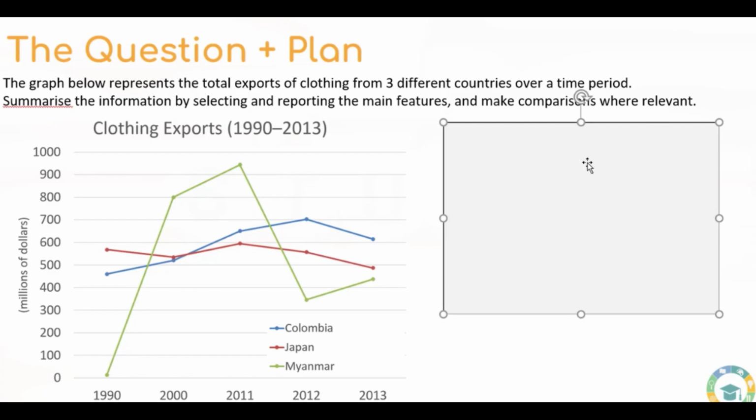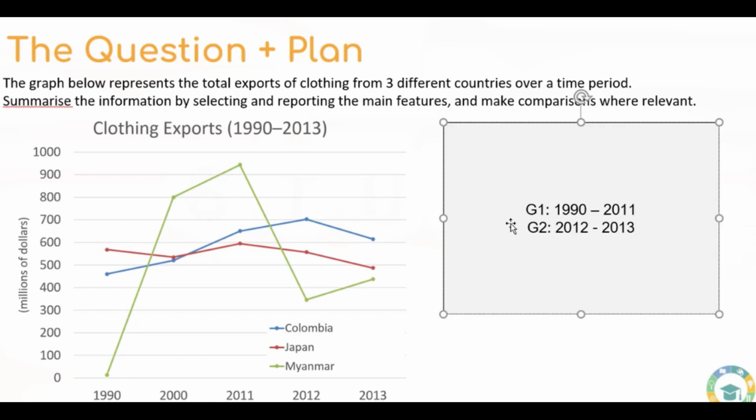So let's go with group 1 as being 1990 to, let's say, 2000. So I will compare, in fact, 2011. And then for group 2, I'm going to go with 2012 to 2013.